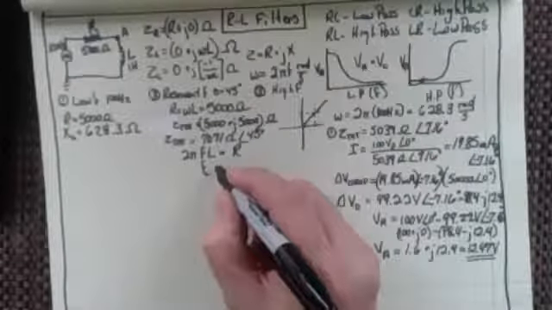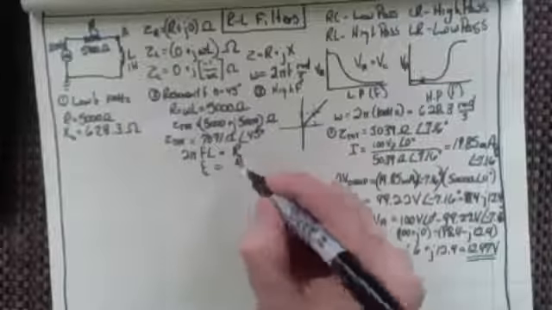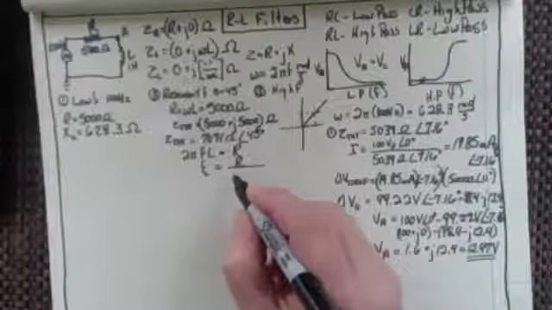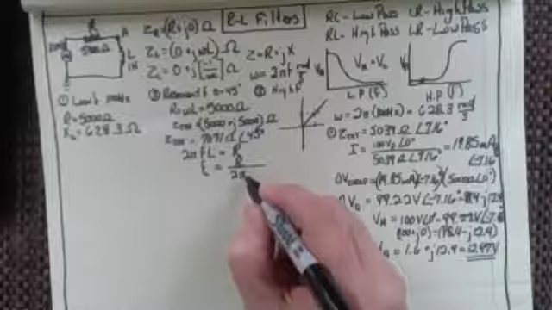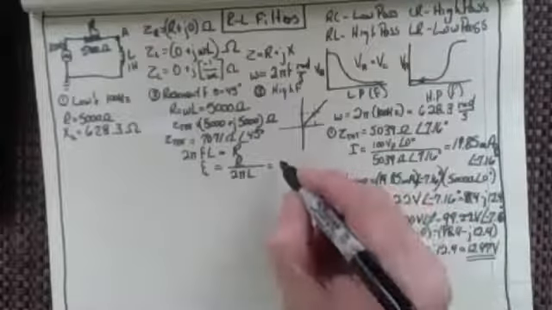We'll call it the cutoff frequency. And that would be R divided by 2 pi L. So let's do that.